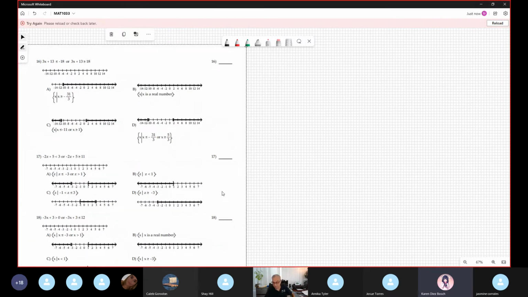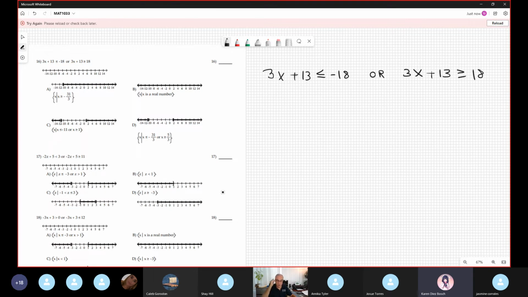Okay, 16. 16 is 3x plus 13 less than or equal to negative 18, or 3x plus 13 greater than 18. Guys, you split the paper and forget temporarily the OR, it's not important. You focus on each inequality one by one. 3x plus 13 less than or equal to negative 18.